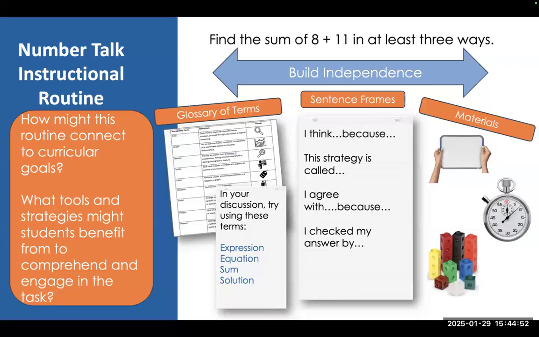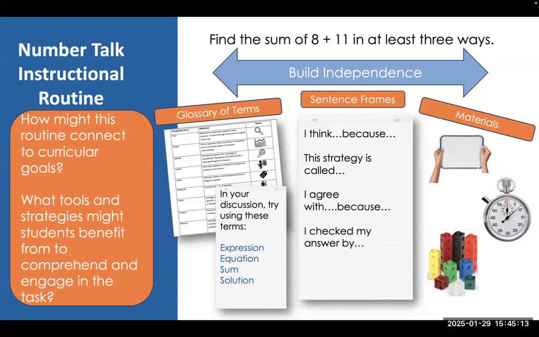So an example of that is if we were to do a number talk routine at the very beginning of a lesson, usually to access that prior knowledge, to bring out some common language, to talk about particular strategies. We want to support students in being able to do that based on their needs.